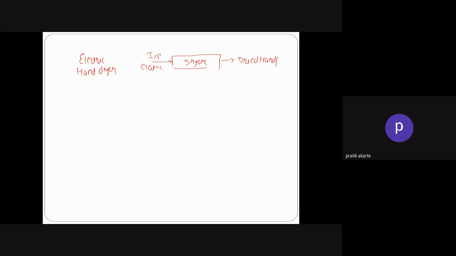This dryer doesn't know, or the control law doesn't know, what output I am getting. Whether my hands are completely dry or not is not traceable by the dryer. That's why it is called an open loop control system.